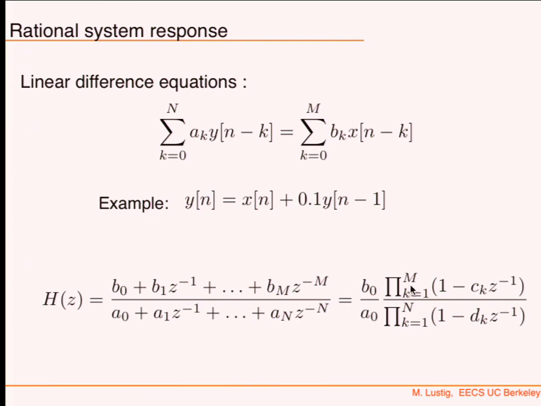Because this becomes zero, hence everything becomes zero. And the roots of the denominator we call poles because once z is equal to this value, then the whole function explodes, because you're going to be dividing by zero. Okay? So the roots of these polynomials, you can actually write them as factors.